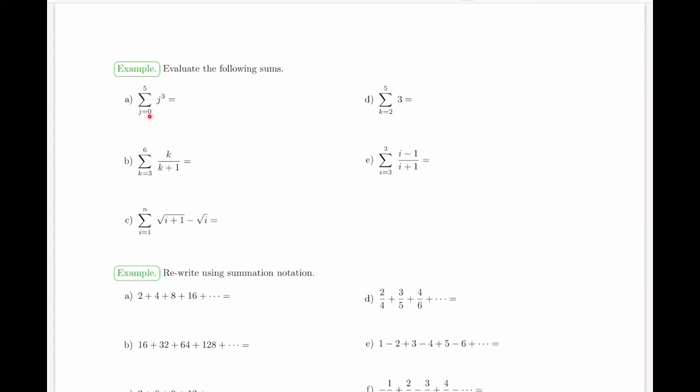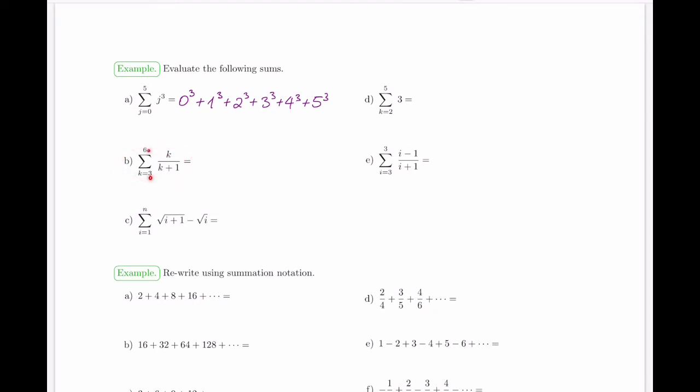So it goes from 0 to 5, and I'm going to take that index and cube it. So 0 cubed plus 1 cubed plus 2 cubed, 3 cubed, 4 cubed, and 5 cubed. Excellent.